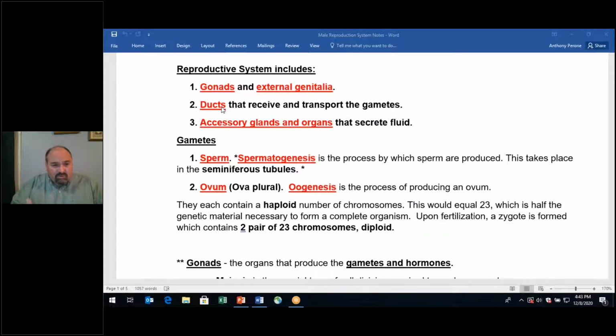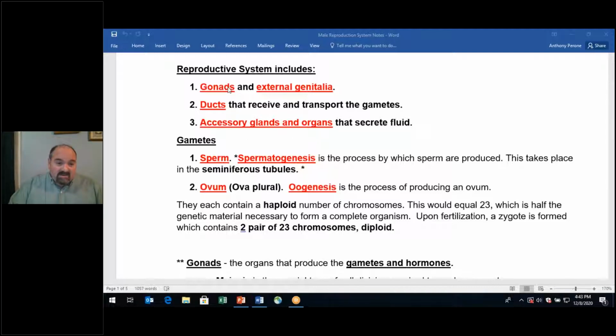There are different tubes that will contain and transport the gametes so that, upon coitus, they have the opportunity to meet each other, and the sperm can fertilize an egg, the ovum, and produce a zygote, which will then rapidly divide and become a child. Pretty remarkable.